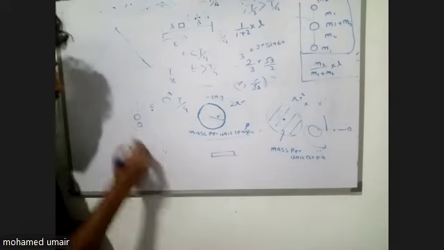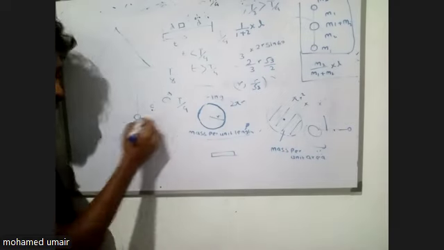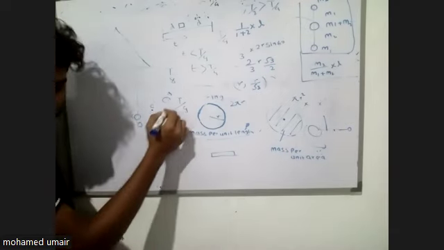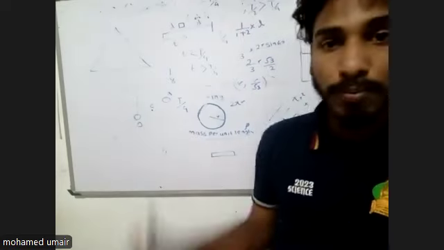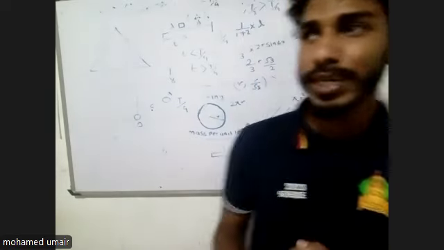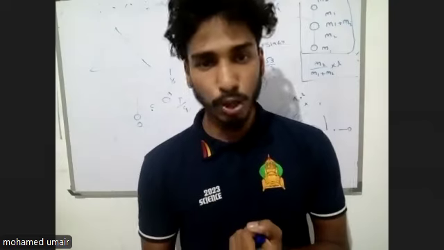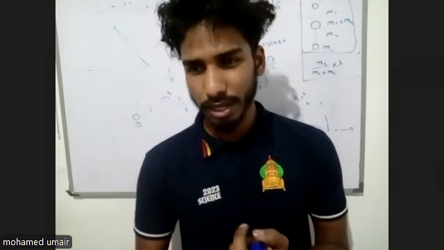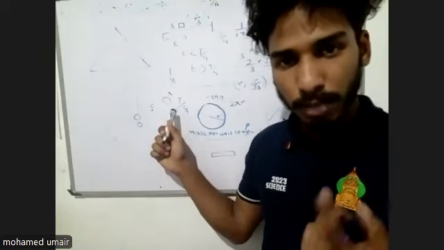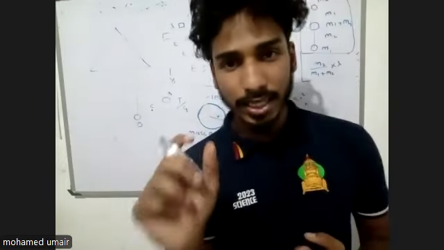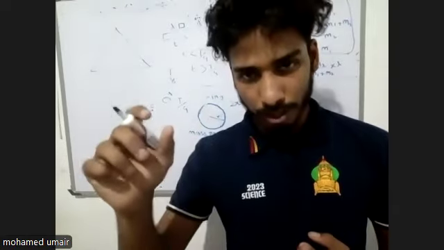So you know that in a simple harmonic motion, the velocity is changing at every point. And more important, the acceleration is changing at every point. So that's why the kinematic equation s equals ut plus half at squared, or any of the kinematic equations, you can't use here, because the acceleration is changing from point to point.